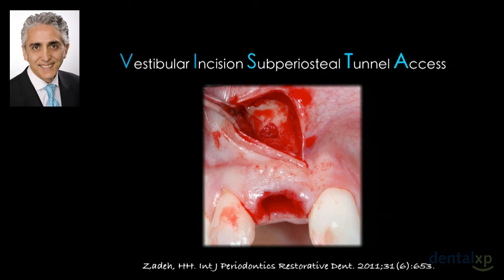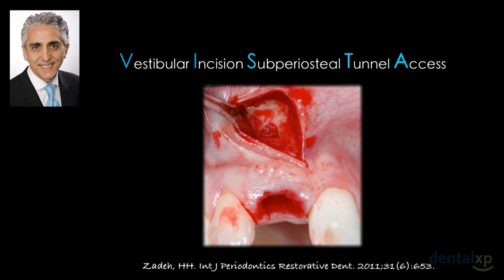So I'm lazy. I like to take an easy way out. I like to make an incision in the vestibule and take a vestibular approach to that and make a subperiosteal tunnel, which makes it very easy to access the facial plate. But at the same time, we have not made any incision in the marginal mucosa or the papillae. So we've spared that area.